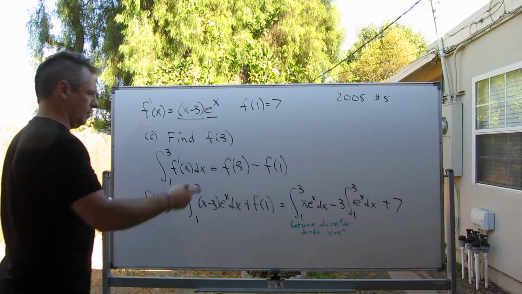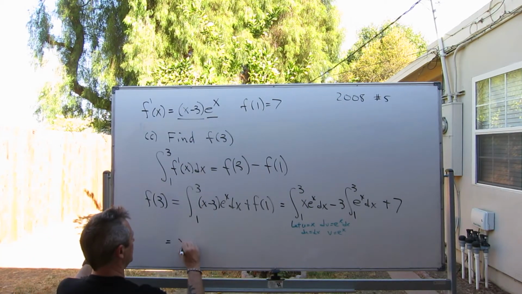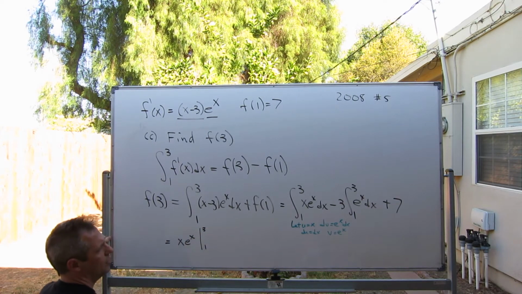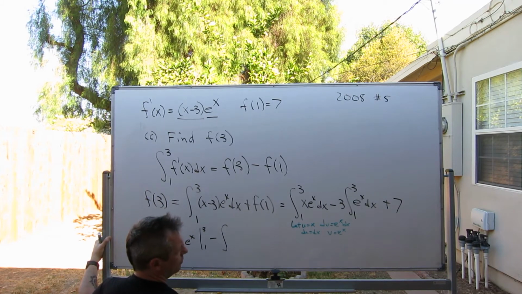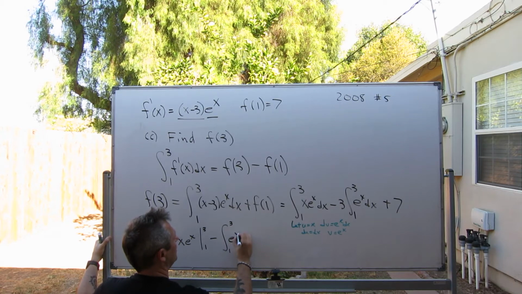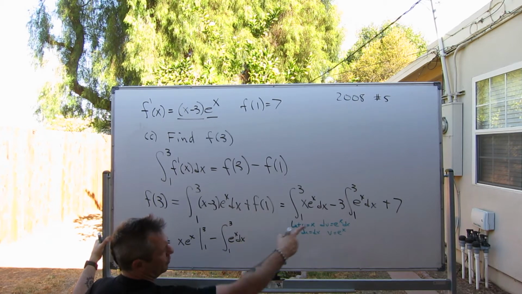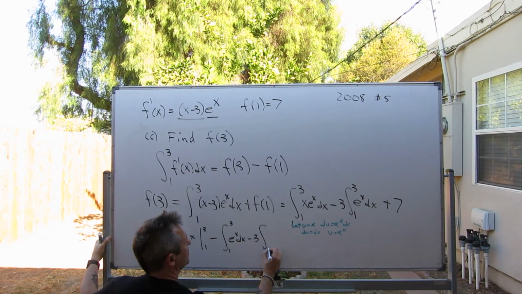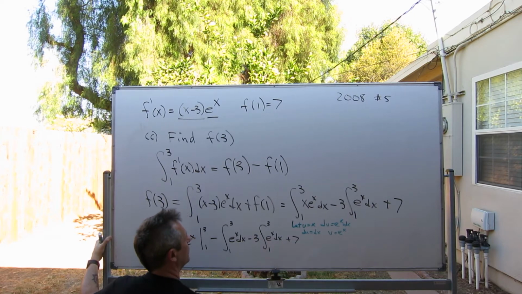So let's see, coming down then, this ends up becoming u times v, so x e to the x from 3 down to 1, minus the integral of v du, so that's from 1 to 3, so that's just e to the x dx. Then we still have minus 3 more of these things, minus 3 times the integral 1 to 3 e to the x dx plus 7.